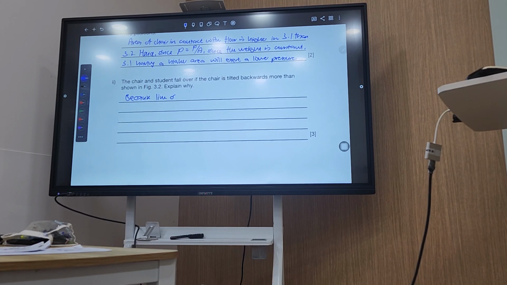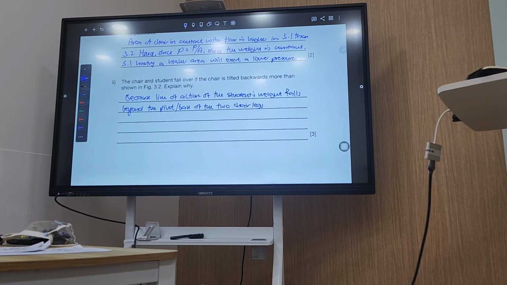Okay, so you'll say that you'll fall over because the line of action of the student's weight falls beyond the pivot, or you can say beyond the base of the two chair legs.